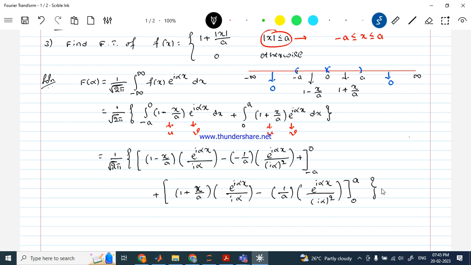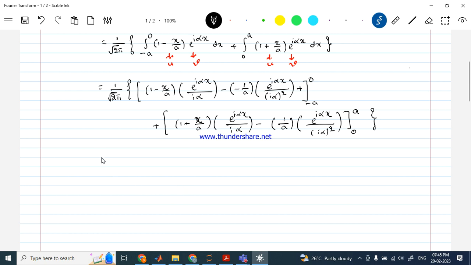Now let me substitute the limits for this. So this is equal to 1 by square root 2 pi times, so for the upper limit x is 0, let me open the bracket. Let me substitute the upper limit for this entire expression. Here I square is there.